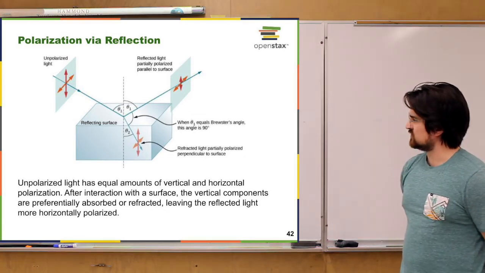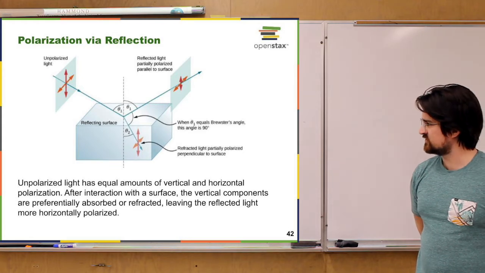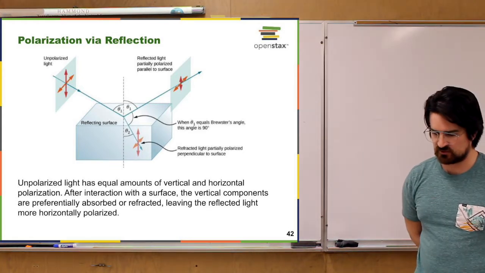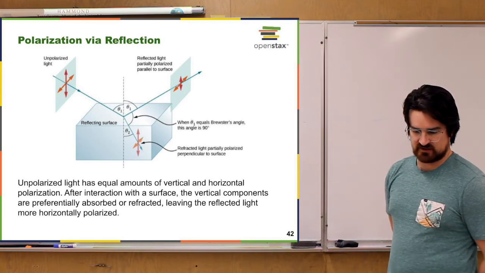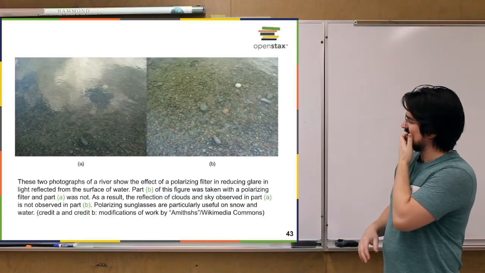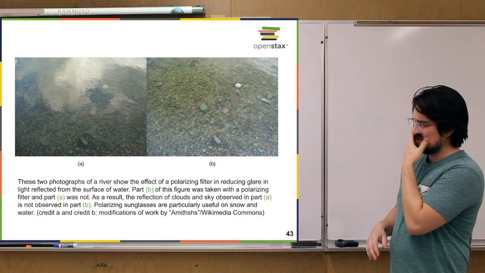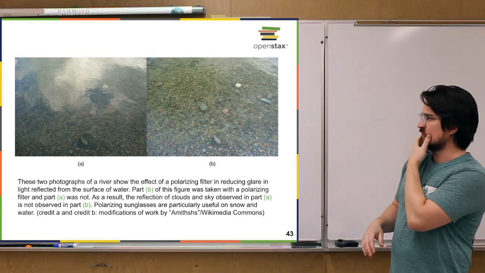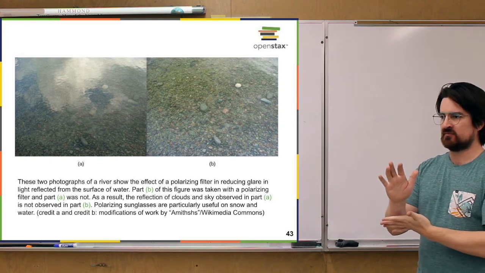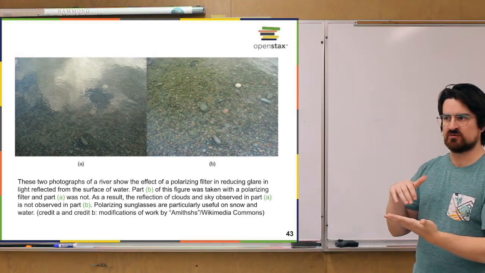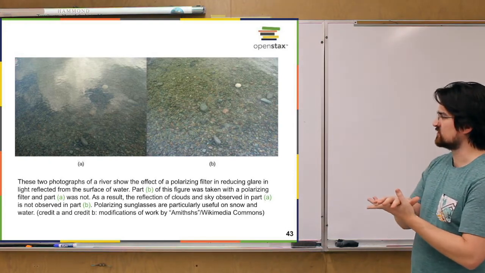Yeah, so it also has to do with something called Brewster's angle. We're not going to worry too much about that. It's kind of interesting stuff, so feel free to read more into that if you like. So this is a good illustration of light being polarized after reflecting off the surface, and then also what a polarized filter could do to reduce that glare off the surface.